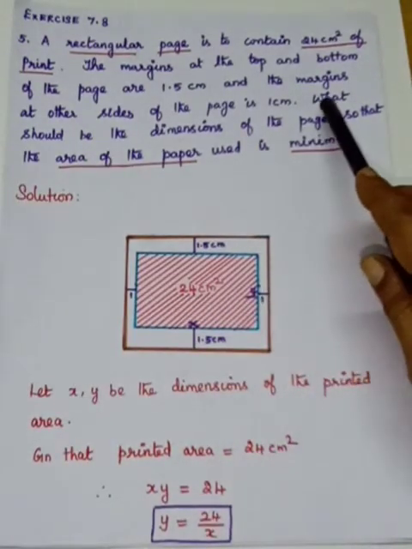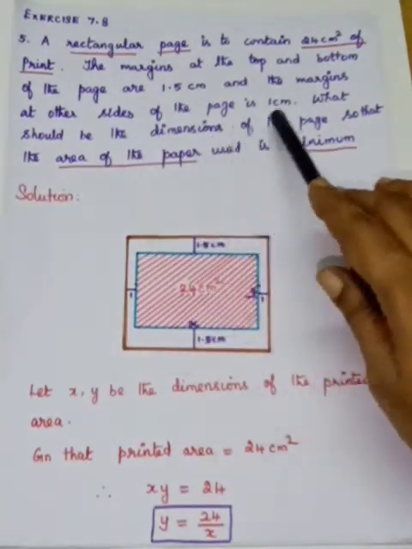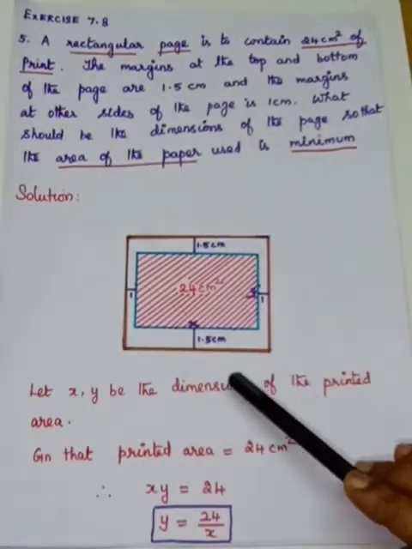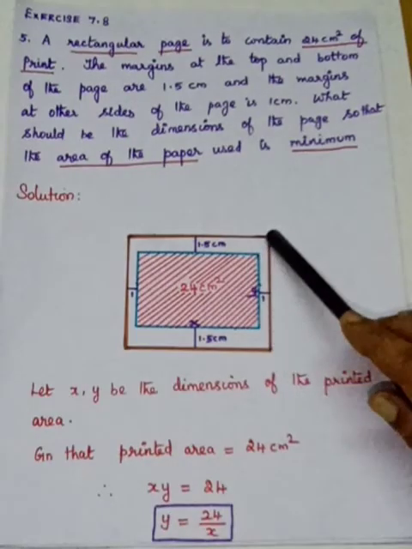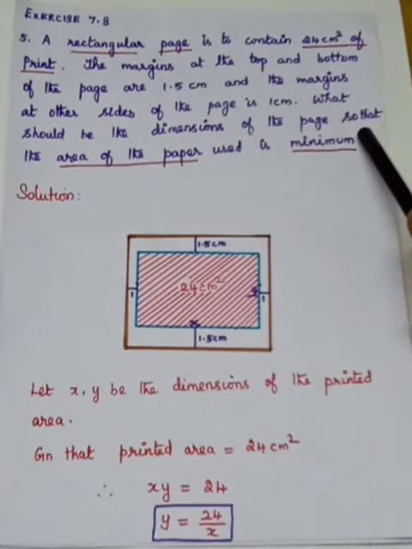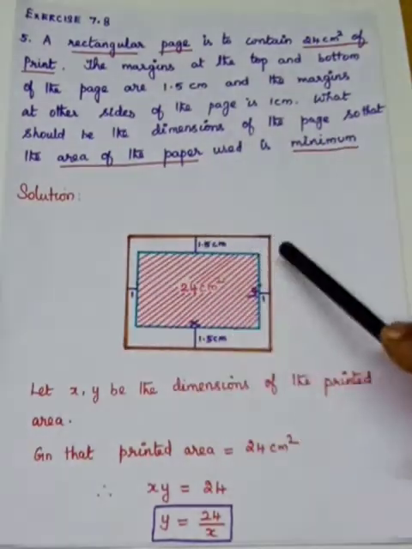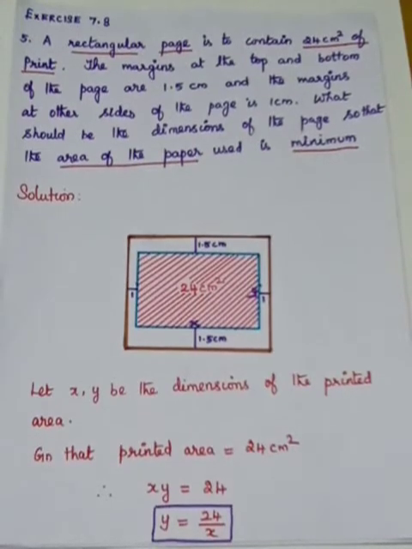See what the question has asked. What should be the dimensions of the page? So we have to find the dimensions of the page, that means this length as well as this length, so that the area of the paper used is minimum. So the area of the whole paper is minimum. This is the result you have to find.